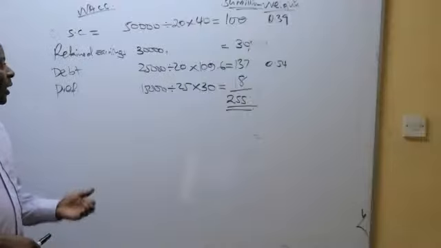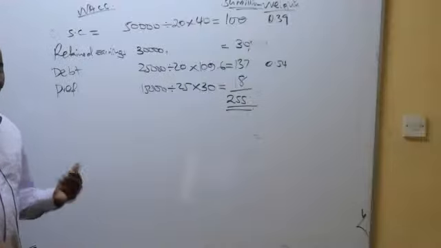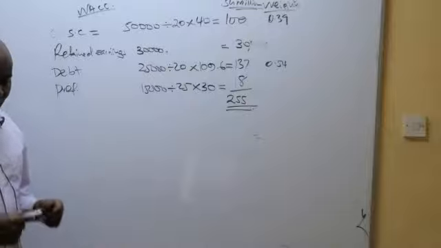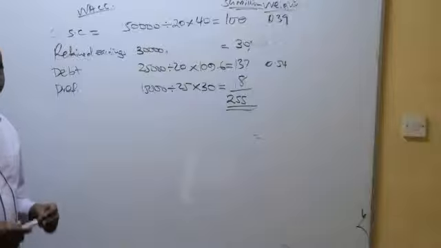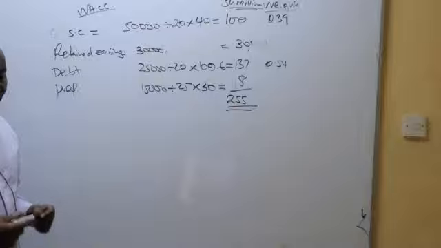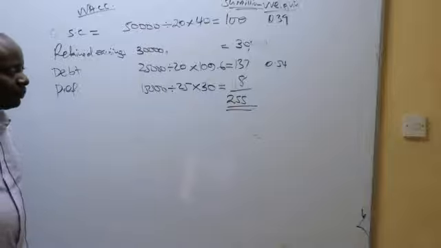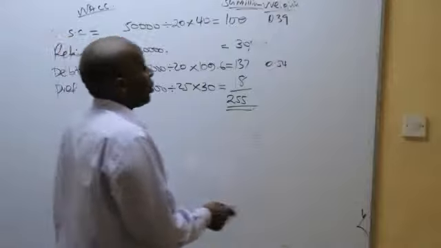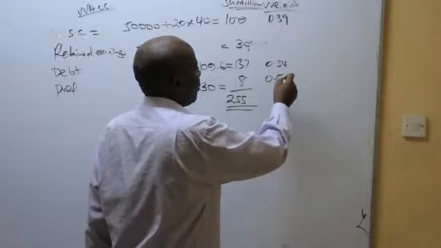So I'm now waiting for you to give me a figure for retained earnings and a figure for preference. For preference, I'm being given 0.07.